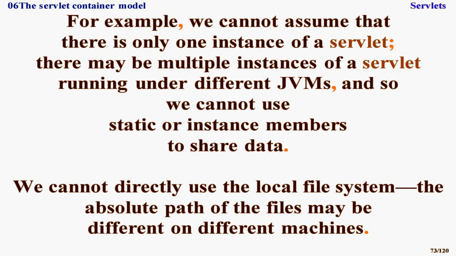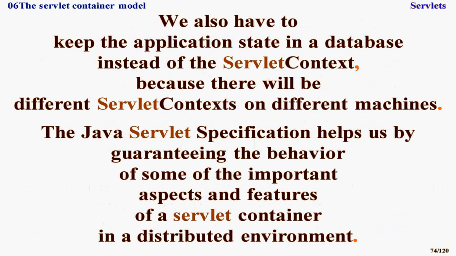The absolute path of the files may be different on different machines. We also have to keep the application state in the database instead of a servlet context, because there will be different servlet contexts on different machines. The Java servlet specification helps us by guaranteeing the behavior of some of the important aspects and features of a servlet container in a distributed environment.